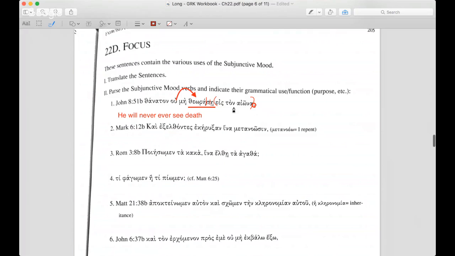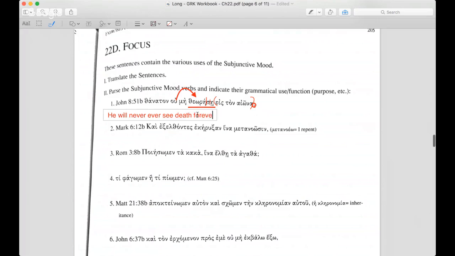So into ton aiona, which is like into the age. Into the age is the literal way you translate it, but it's kind of a colloquialism for forever. Okay. So he will never ever see death forever.